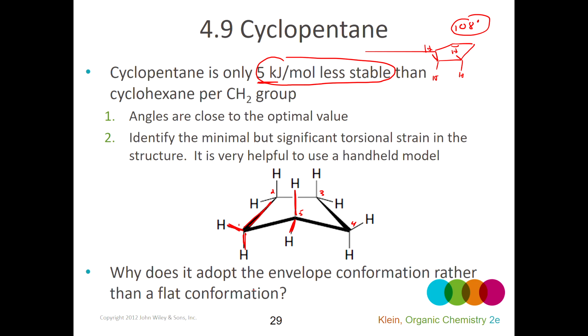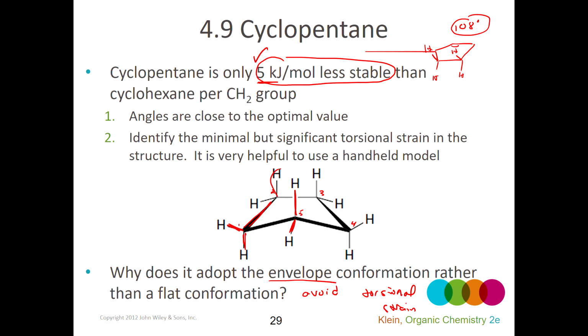So the same reason that the 4-membered ring adopts this weird non-flat shape, the 5-membered ring adopts the envelope conformation or non-flat conformation to avoid some torsional strain. There's still some torsional strain there, which is why it's not quite as stable as it should be.